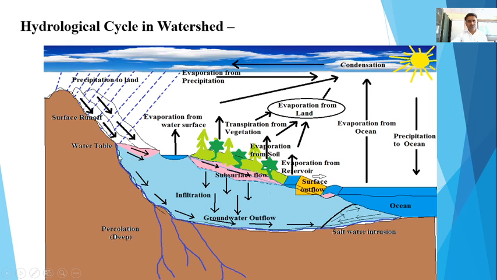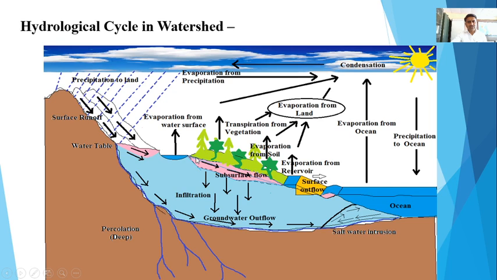But out of this water, the complete water is not stored in the reservoir; some amount of water percolates into the cracks, crevices, and gaps of the underground, and it works as underground water. So this is the percolation process, and the percolation process depends on the physiography of the particular region.